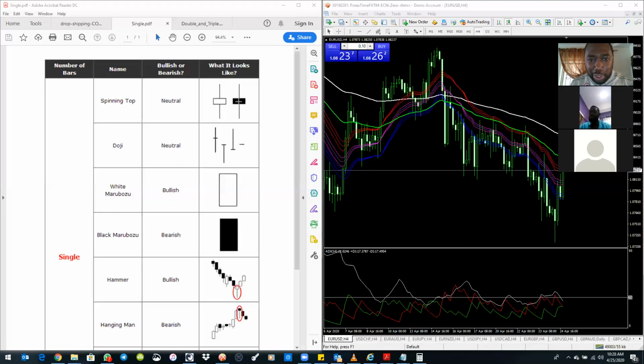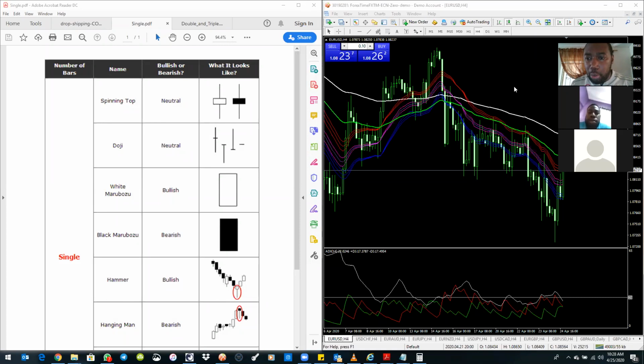If you look at the relationship between the body, this is called the body of the candle, and this line above is called the wick. You can see that the wick is at least twice the length of the body. It is under such circumstances that we can say we have a spinning top.